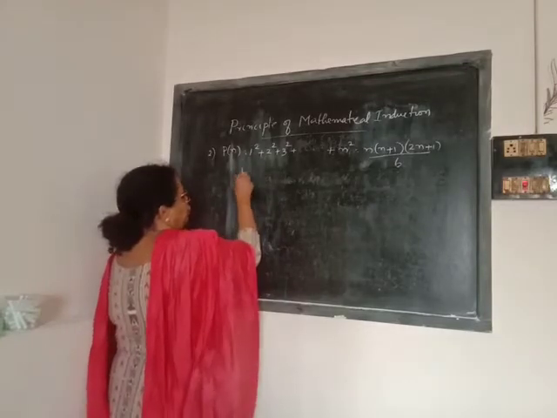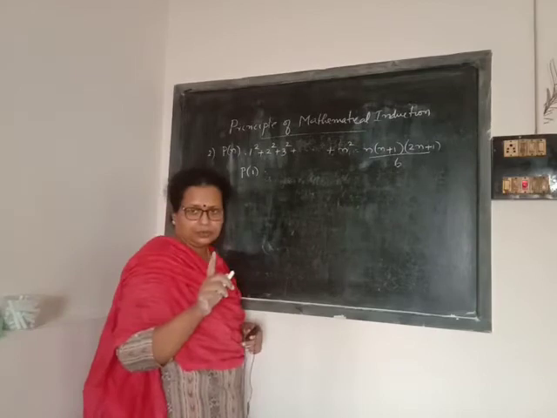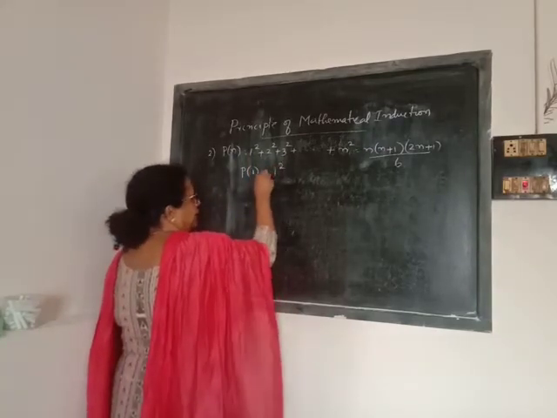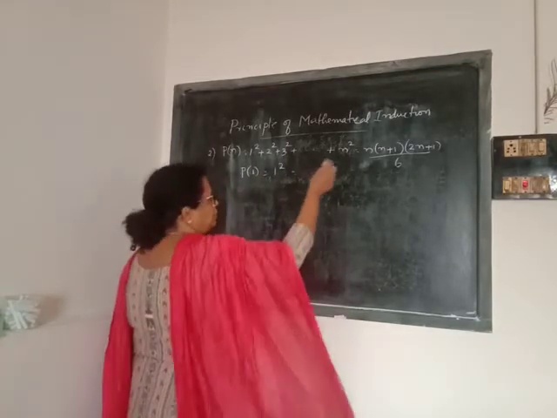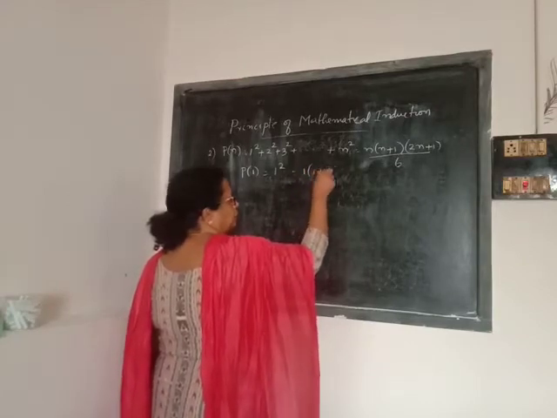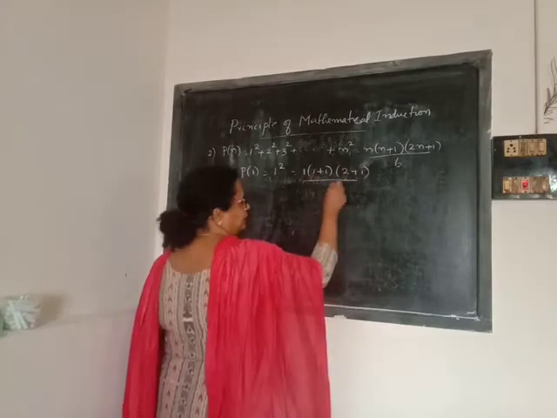Now prove for P of 1. What is P of 1? For the LHS take only the first term. So what is the first term? 1 squared. That is LHS. For RHS we will substitute n equal to 1. When we substitute n equal to 1, what will we get? 1 into 1 plus 1 into 2 plus 1 by 6.